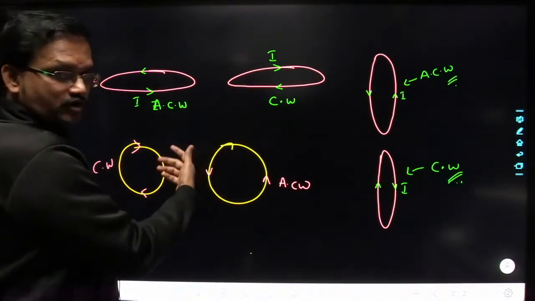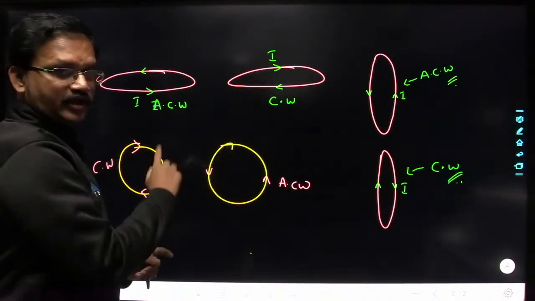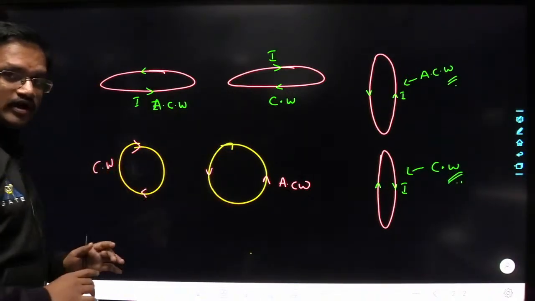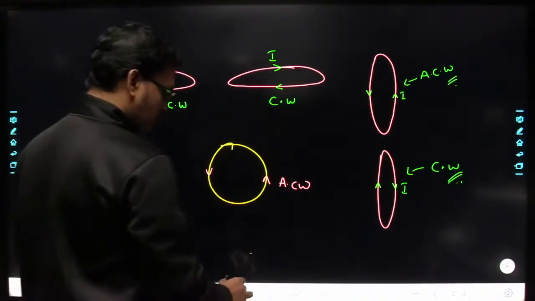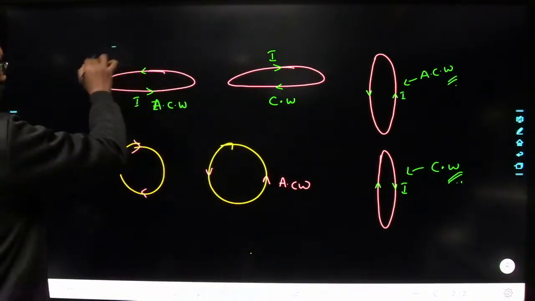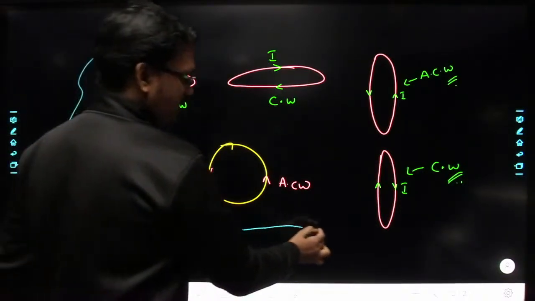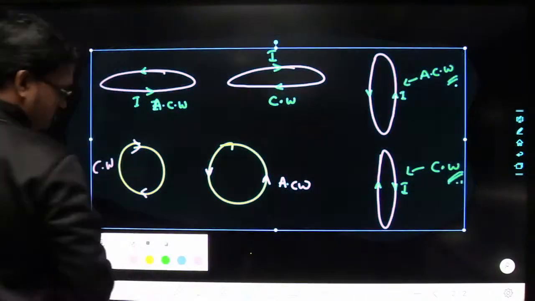Go behind the board, to the other side of the board, and if you look at the same thing, it appears as clockwise and it appears as anti-clockwise. So it all depends upon the reference you are considering and the convention you are following. You can follow any convention, it doesn't matter.